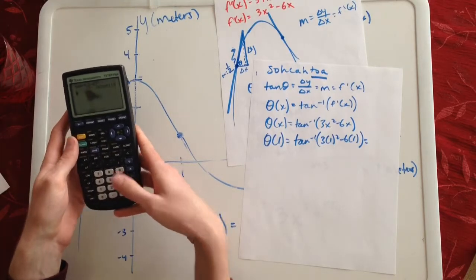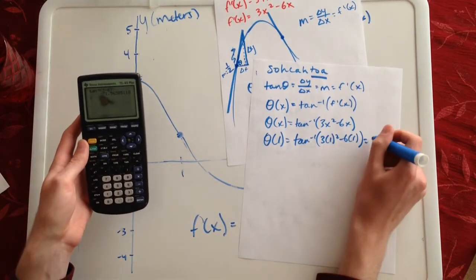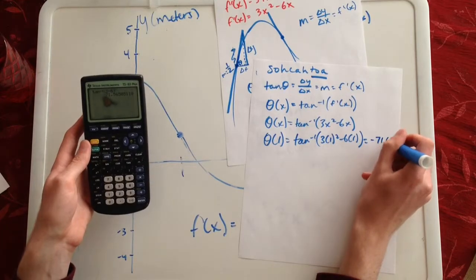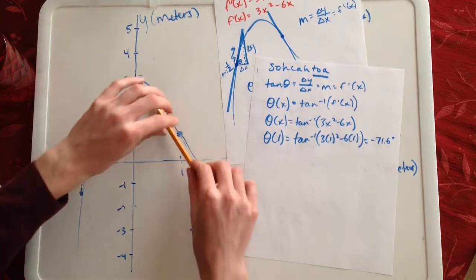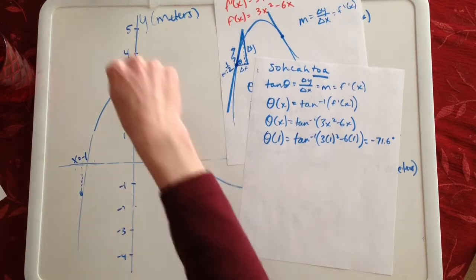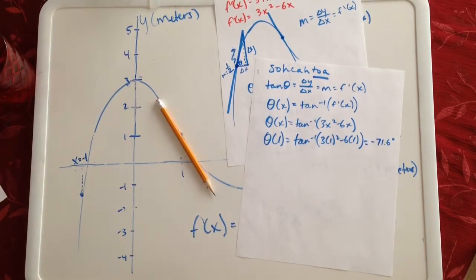That would be negative 71.6 degrees. And that actually looks pretty accurate. If I put a straight edge there, that looks like about negative 75 degrees to me.